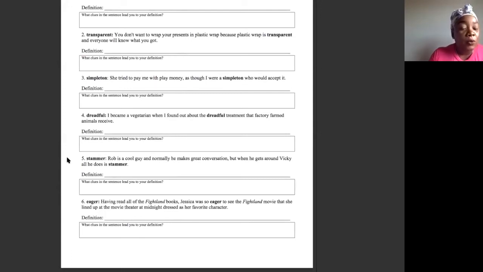Okay, what can also be a clue is that she wouldn't accept it, of course, because she knows she's not a simpleton. So what does the word simpleton mean then? A fool. Slow. Simple. Well, simple comes from simpleton. Crazy idiot.